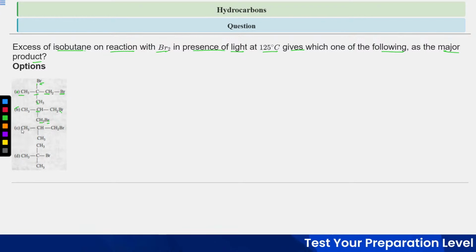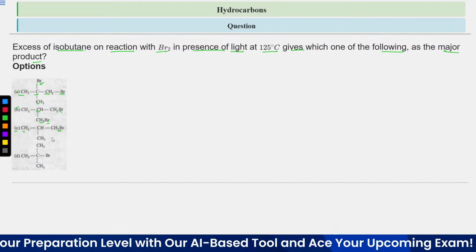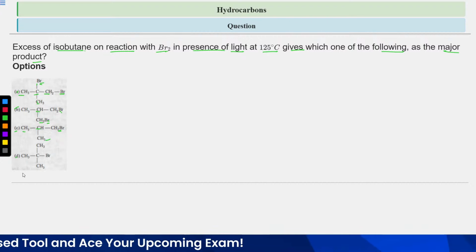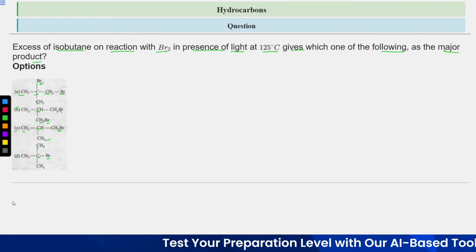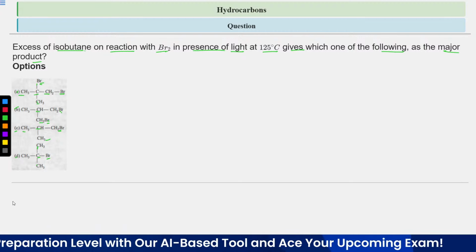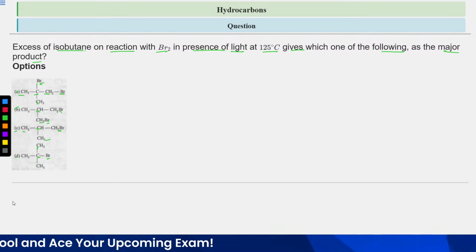In the third option we have only a single bromine in the structure which is attached to the third carbon, and one methyl chain is attached to the second carbon. In option D we have one bromine attached to the second carbon and two methyl groups as a side chain attached to the second carbon. So these are the structures, and you have to find out, after observing the reaction explained in the question, what will be the major product.